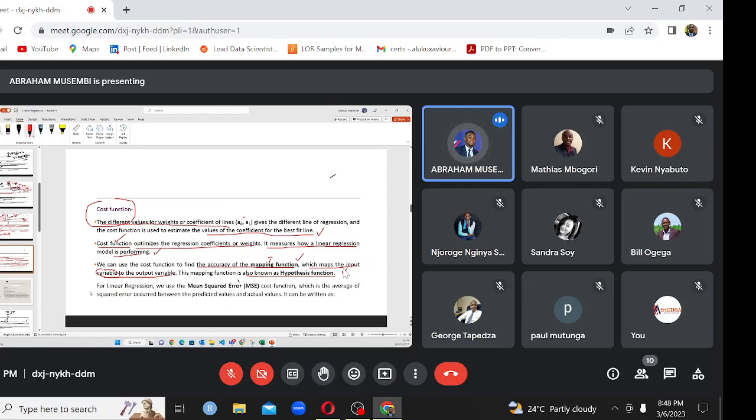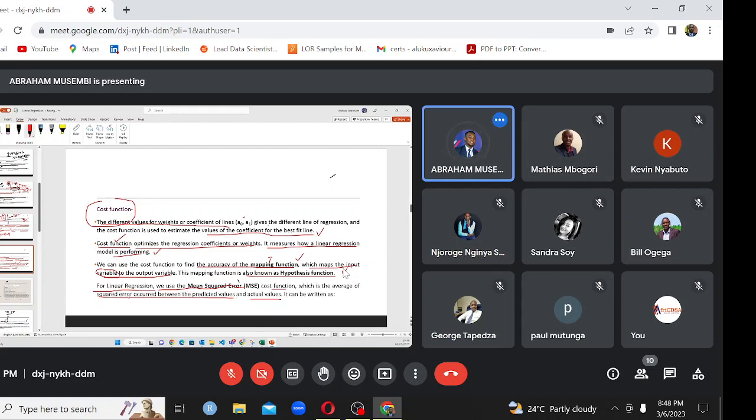And we are saying that for linear regression, we use the mean squared error cost function, which is the average of the squared error that occurred between the predicted values and the actual values.